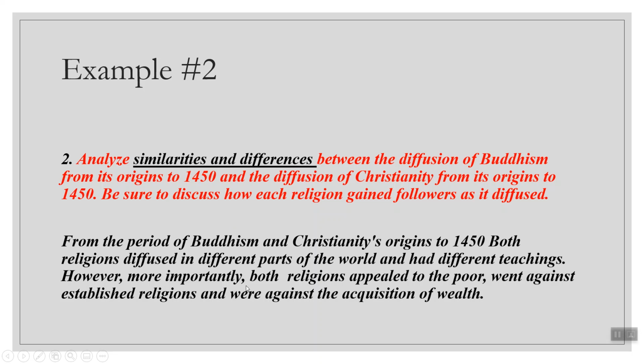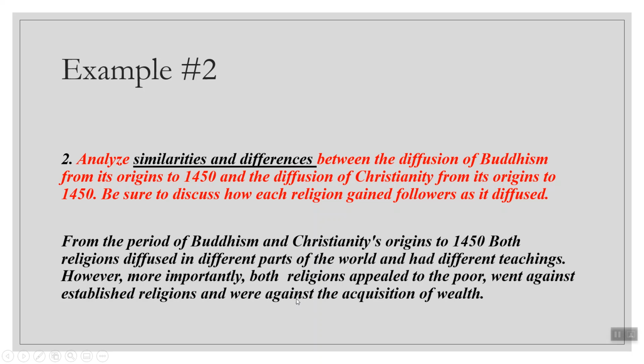So you tell me if this is correct. From the period of Buddhism and Christianity's origins to 1450, I think I could reword that a little clearer. Both religions diffused in different parts of the world. So I'm going over how they diffused and had different teachings, how they diffused once again.